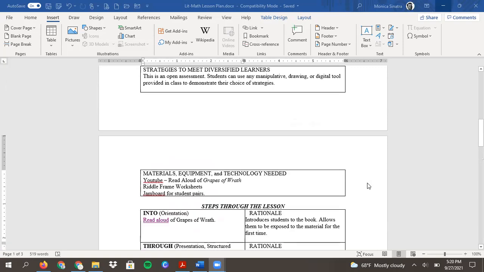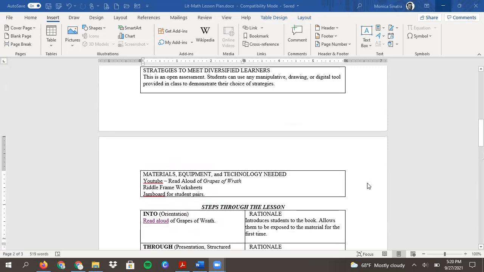So the learning environment: this is a pretty open assessment, because again we're grading particularly on their knowledge of strategies, and maybe how they design a strategy or remember a strategy by using a manipulative, a drawing, a digital tool that we have, and it could be anything that we've provided in class. So it's a pretty open assessment.